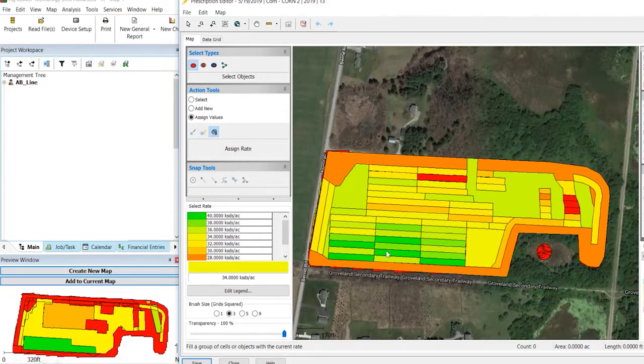So for that reason, in some area with high potential yield, for example here, we don't apply a lower seeding rate. We don't have 28,000 here because we know in a high potential area, we don't need to apply less. It means at least we should get to the flat rate farmers are doing, or maybe more.